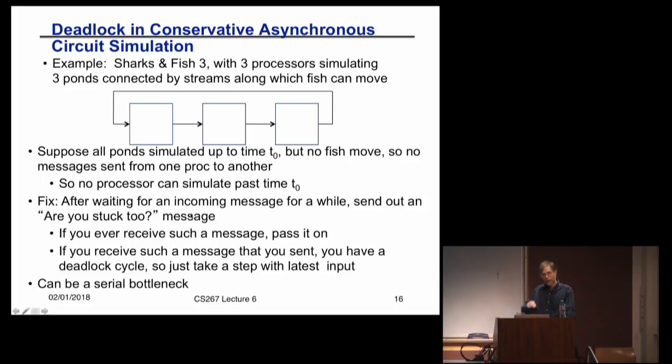That goes around the loop, and everybody takes the next step, and hopefully that breaks the deadlock. Now, in this case where it goes around in a circle, that would be a terrible bottleneck if you did it every time, but in more generic kinds of simulations, that hopefully wouldn't happen very often. Okay, so that is how you deal with deadlock.